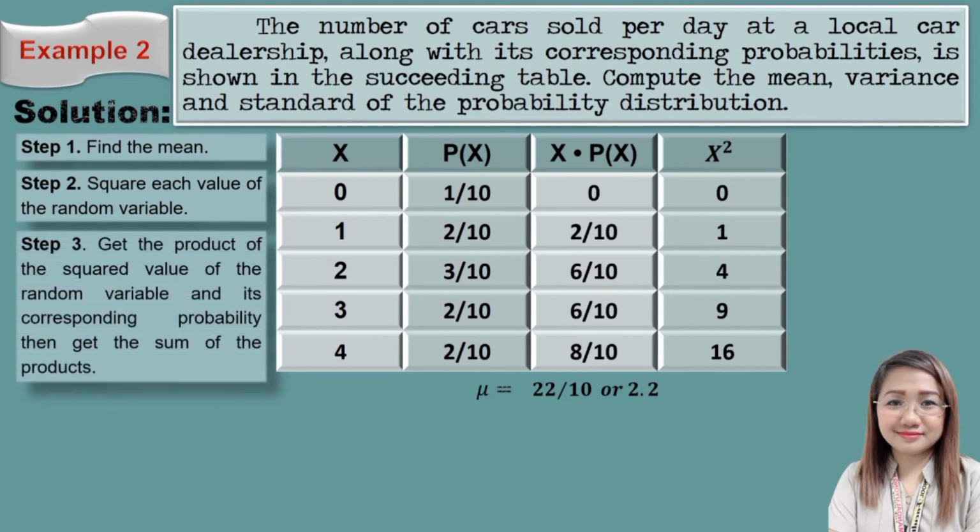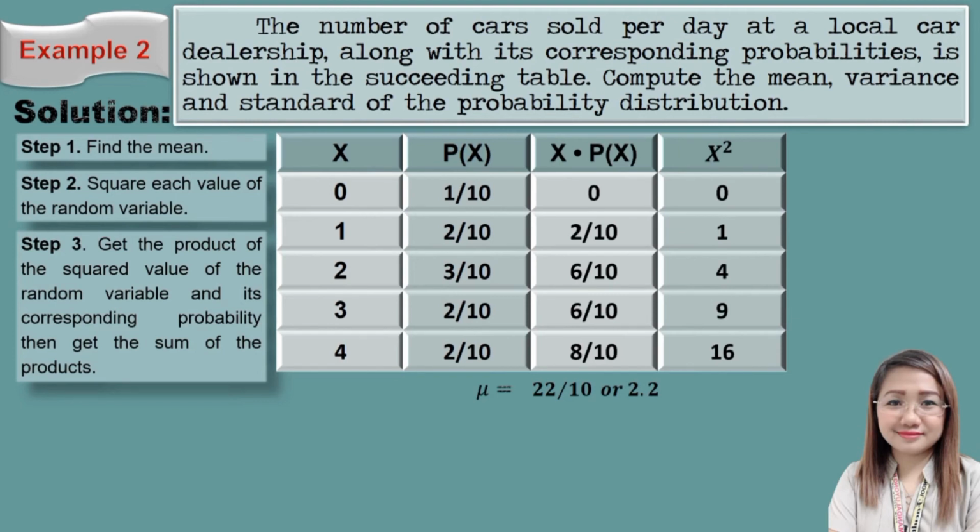Next step is to get the product of the squared value of the random variable and its corresponding probability, then get the sum of the product. Like our example a while ago, we have to multiply x squared to p of x.